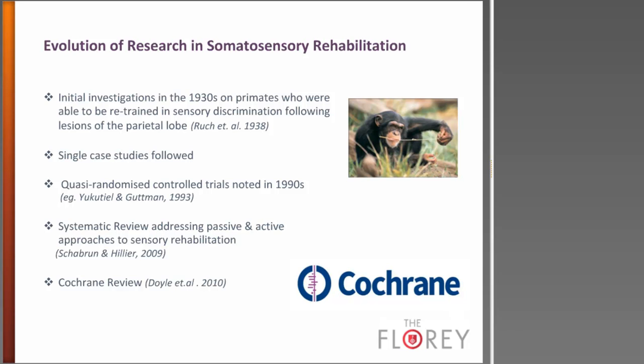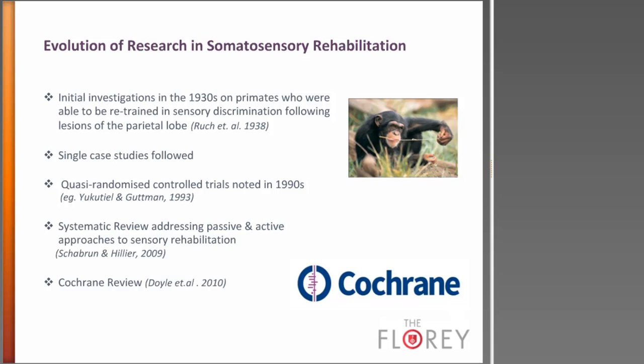So to consider the evolution of research in somatosensory rehabilitation, similar to constraint-induced movement therapy with the work of Taub and those monkeys, the contemporary approaches for upper limb sensory rehab came from work with primates who were shown to be able to be retrained in sensory discrimination following lesions made to their parietal lobe.